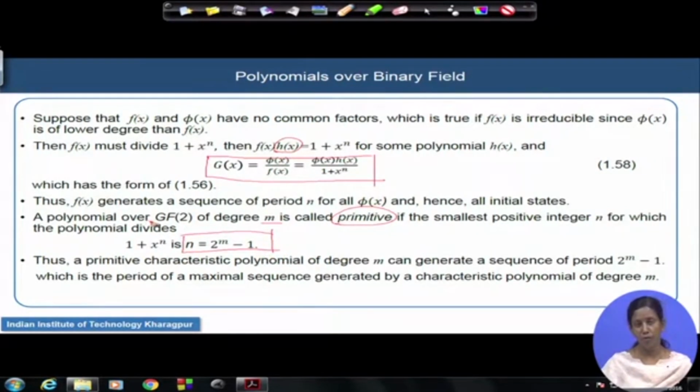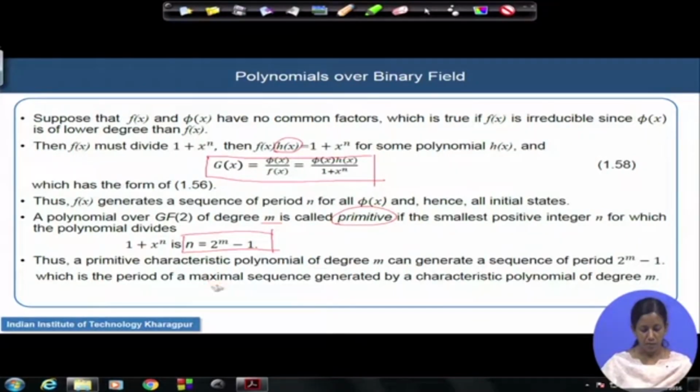Suppose there exists a polynomial over Galois field 2 having a degree of small m, and this polynomial has a smallest positive integer n for which it divides 1 plus x to the power n in such a way that this value of n is related to the degree of the polynomial by this relation. If this happens, then we call this polynomial a primitive polynomial.